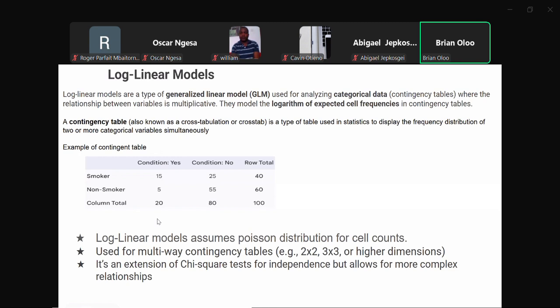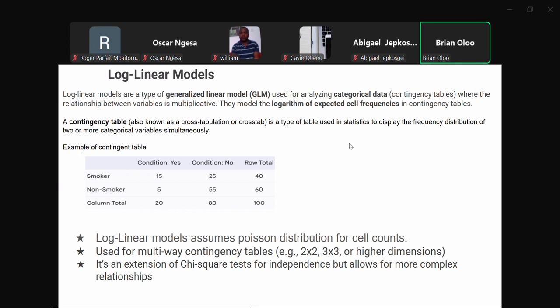A contingency table is a type of table used in statistics to display the frequency distribution of two or more categorical variables. For example, in this data, we have rows and columns.